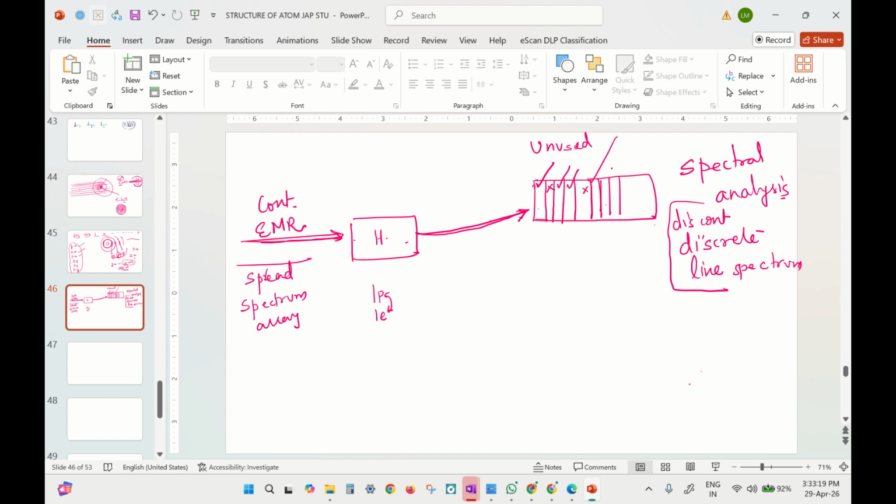Technically, this was absorption, contrary to the term absorption spectrum. Absorption spectrum here actually means the unused, the spectrum that was not absorbed.